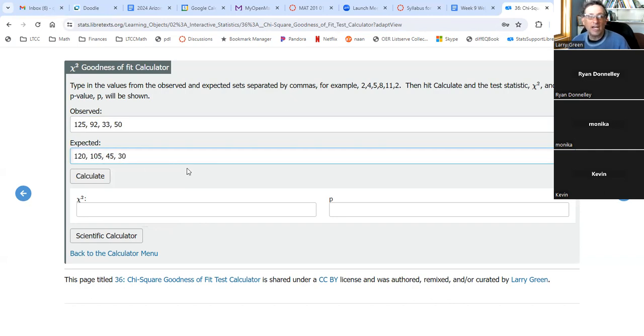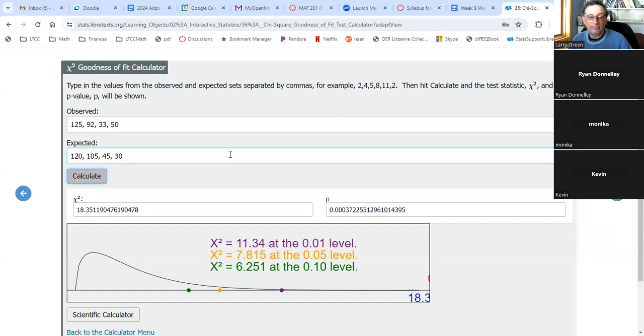Any questions on entering in the calculator? Then hit calculate. Okay, notice the chi-squared is 18.35. That's a test statistic. So if you're asked to find the test statistic, then you write chi-squared equals 18.35-ish. The p-value is 0.00037-ish. Any questions on that?